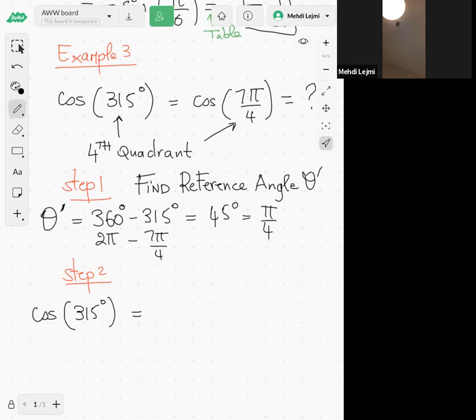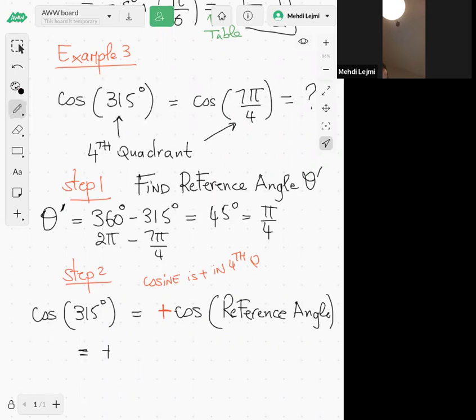So we said it should be cosine of the reference angle, but you need to adjust the sign. We are in the fourth quadrant and cosine is positive in the fourth quadrant. So here we're going to have a plus. So plus cosine of the reference angle, which is 45 degrees or pi over 4.